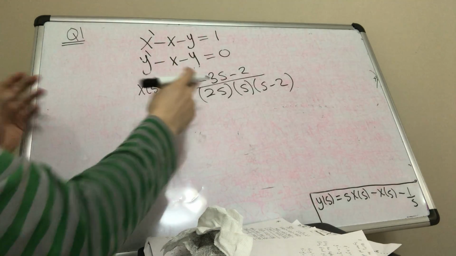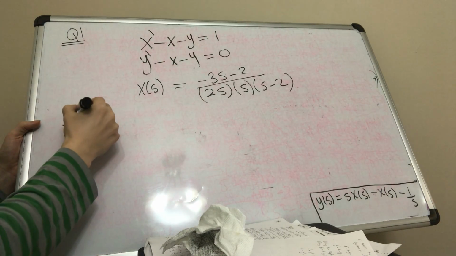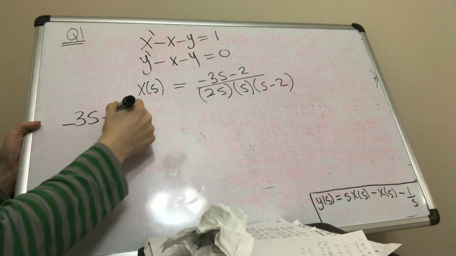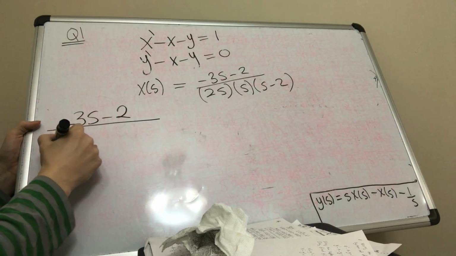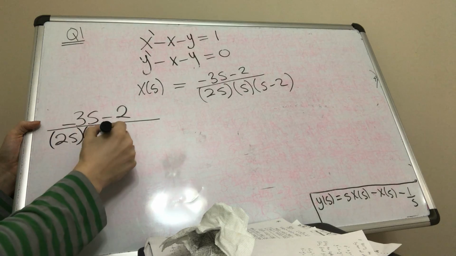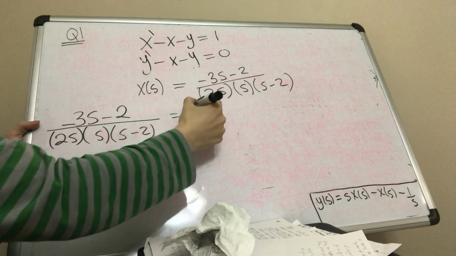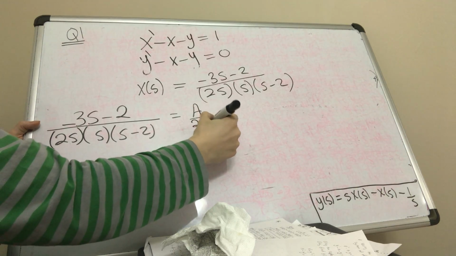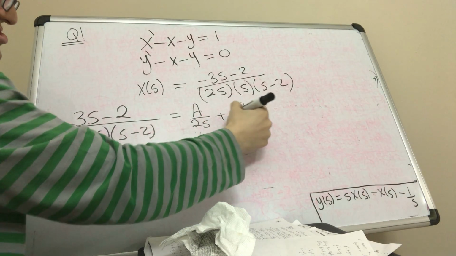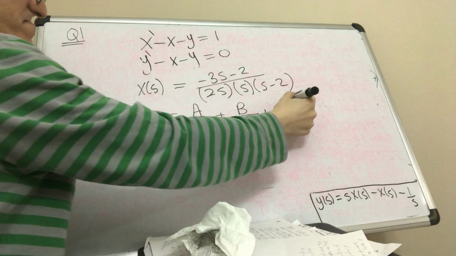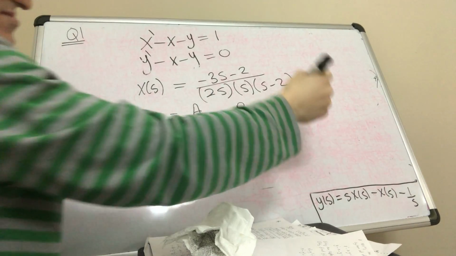Now we're going to do partial fraction for this. So be A over the first one, B over the second one, C over the last one.